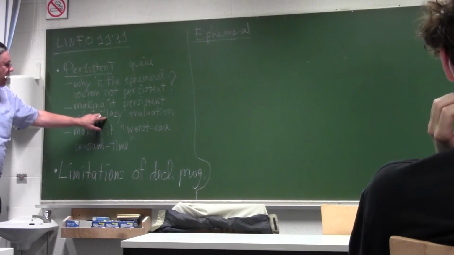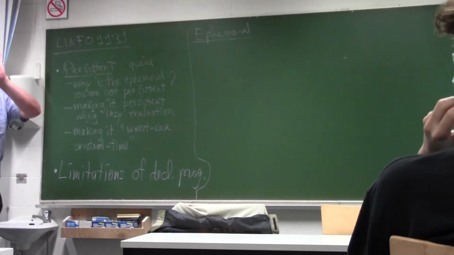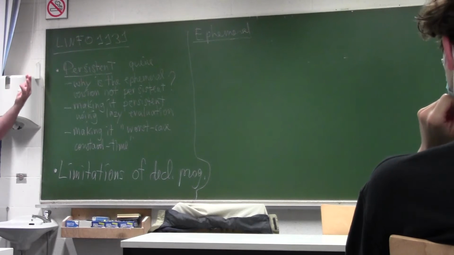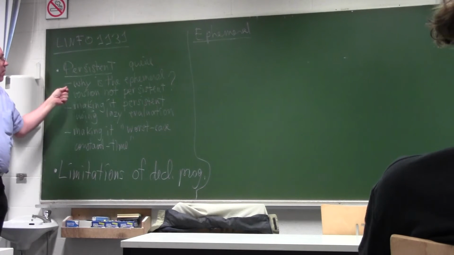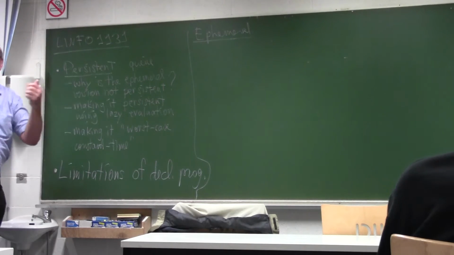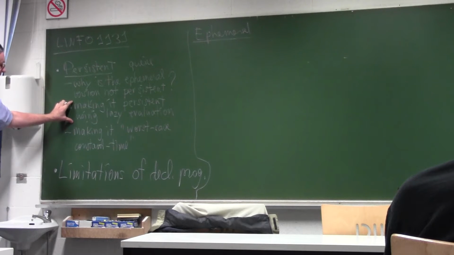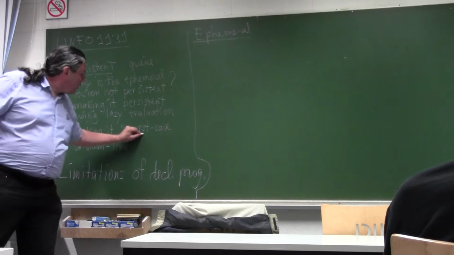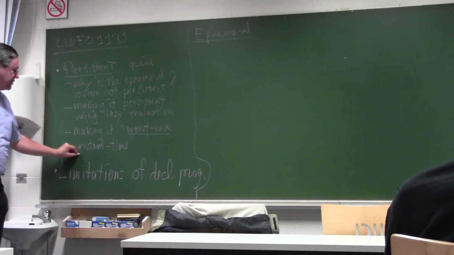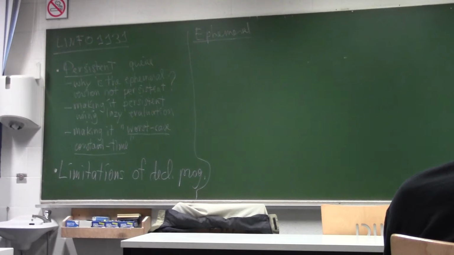Lazy evaluation allows us to do the reverse. Remember, we had to do a reverse sometime. The problem is the reverse is then too late. With lazy, we can do the reverse much earlier, and that makes it persistent. But it's still only amortized, and we can also make it worst case constant time using another technique.